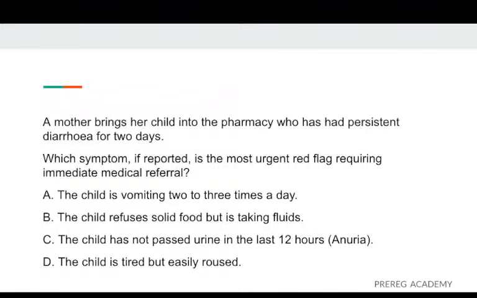So what are the other symptoms that could require referral in children? What are the other symptoms to look out for? Cyanosis, okay, lethargic.